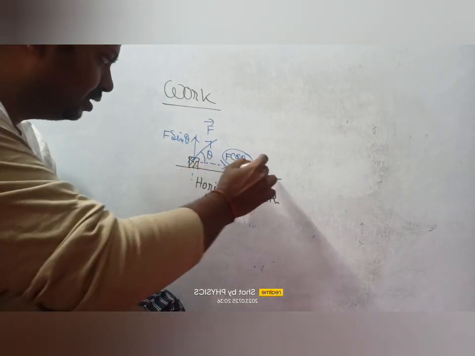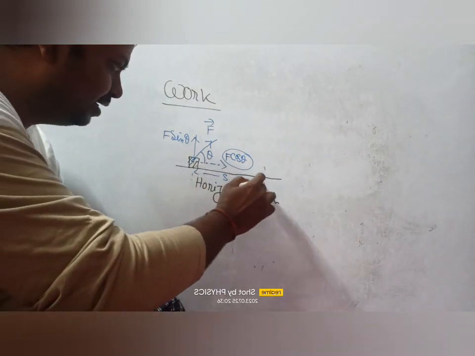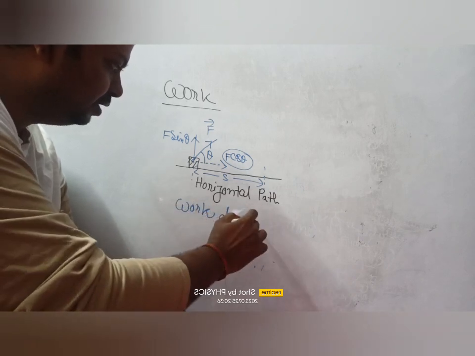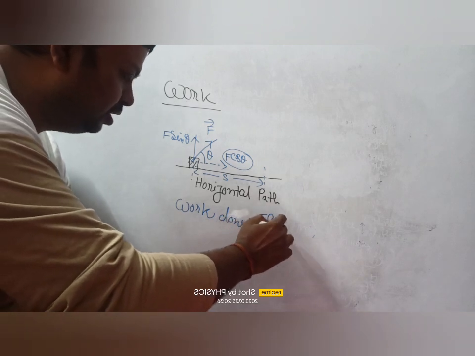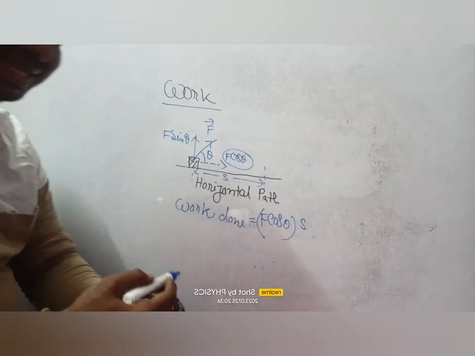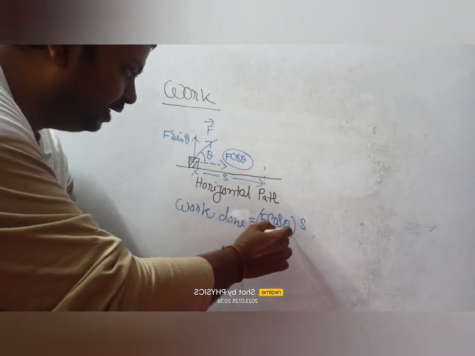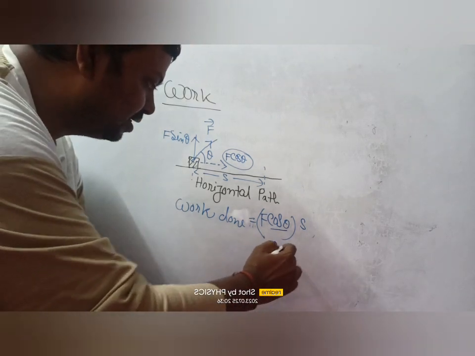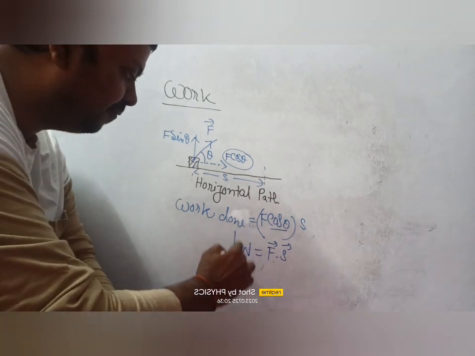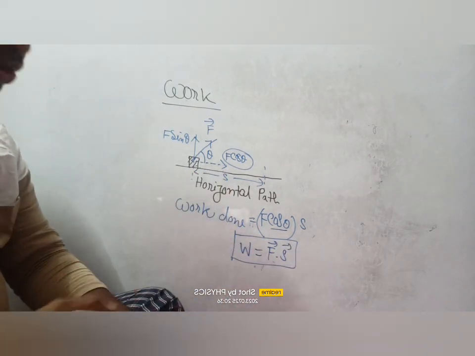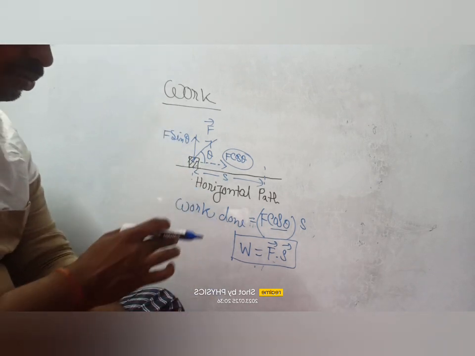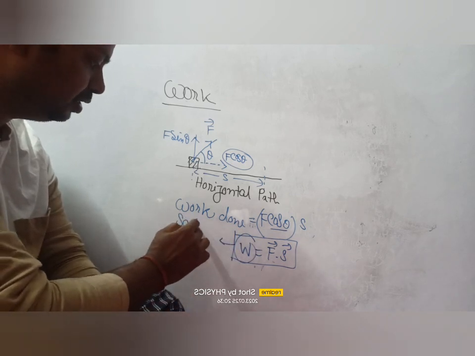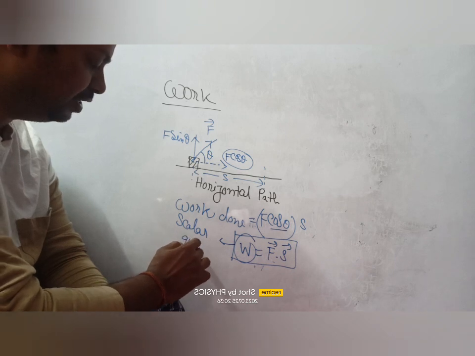If it crosses a distance S, then the work done is equal to F cos theta, force, into displacement S, that is F dot S. So we can say that work is a scalar quantity.